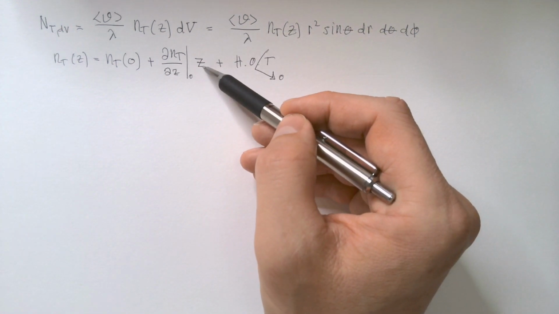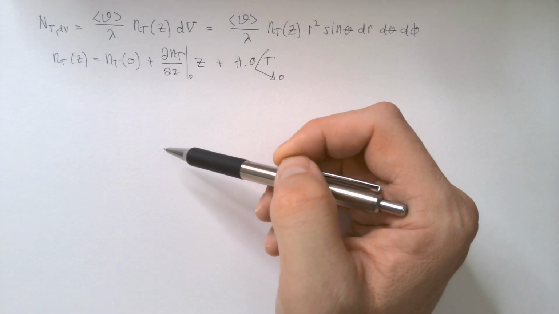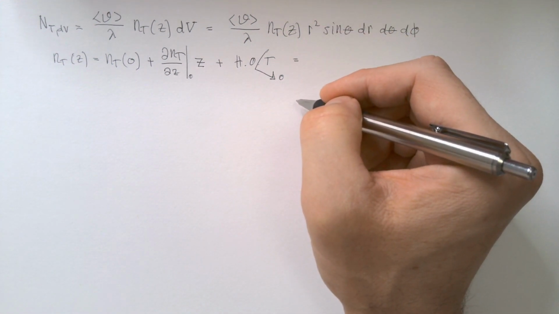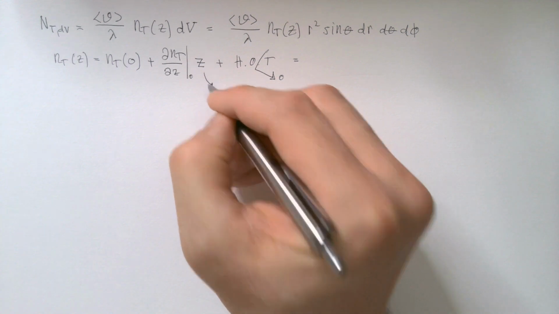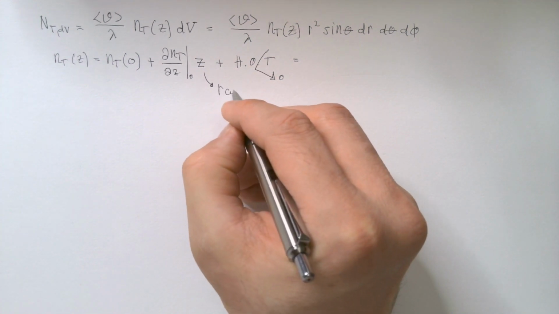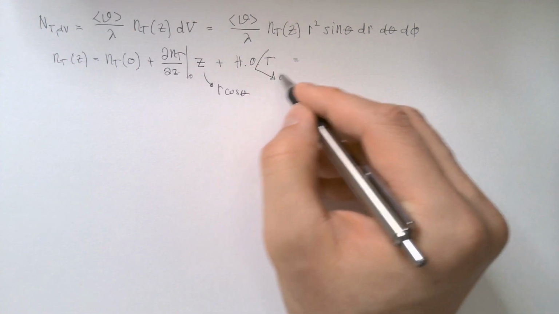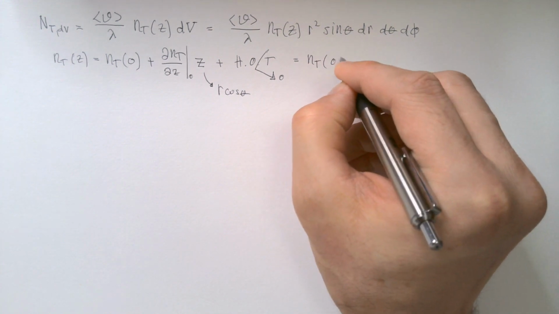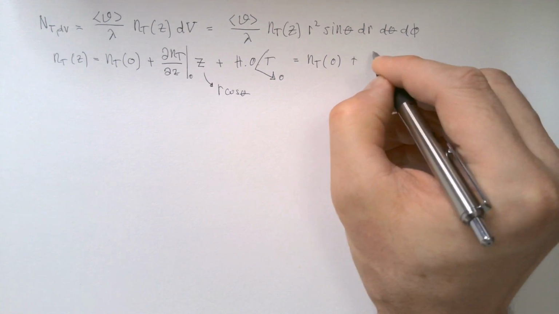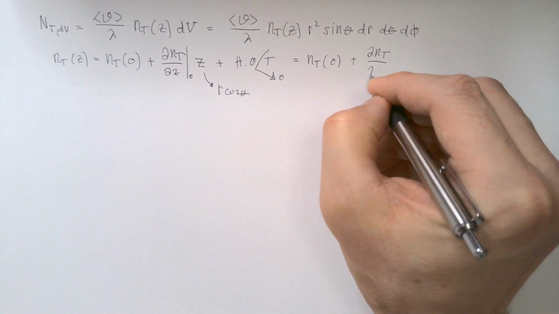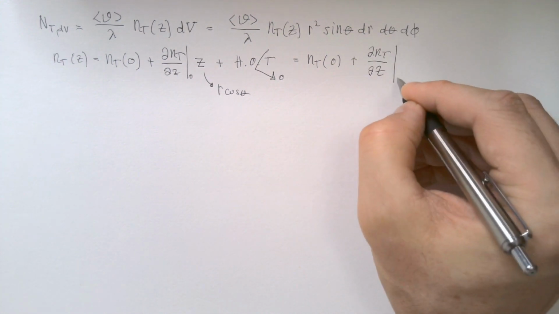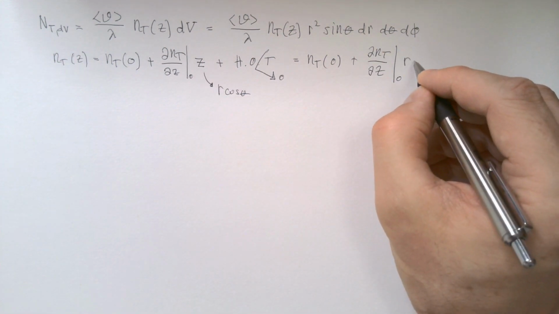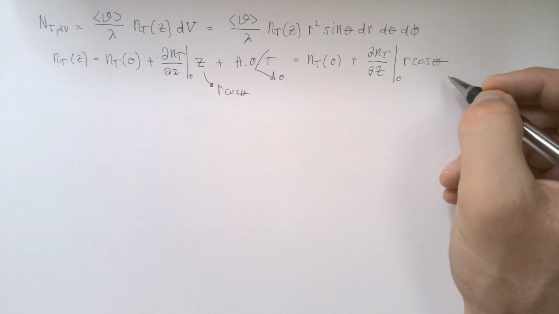But this height z can again be expressed using the spherical coordinate system, because we know that z in the spherical coordinate system is r cosine theta, which means that this will become nt at z equals 0 plus delta nt over delta z evaluated at z equals 0, and instead of z I write r cosine theta.